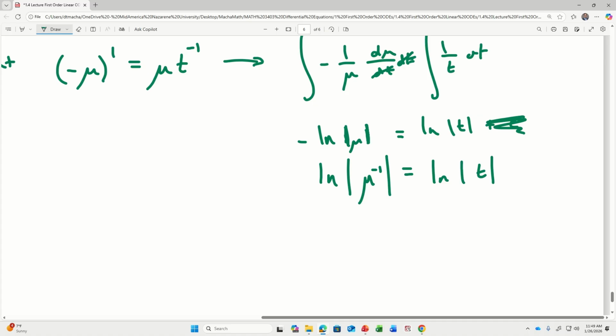That's a property of logarithms. Whatever constant multiple you have out in front of the logarithm, you can shove it inside the logarithm and make it a power of the thing. So that's what I did. Took the negative 1 out here, put it inside the logarithm. Now if I take the exponential of both sides, that cancels out the logarithm, and I get mu to the negative 1 is equal to t.